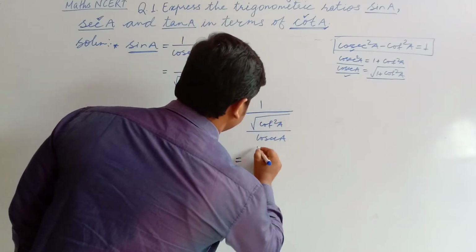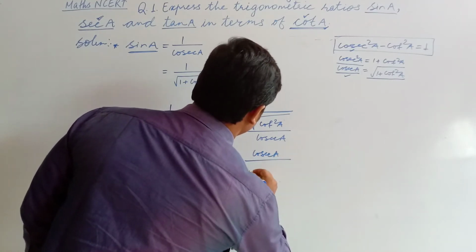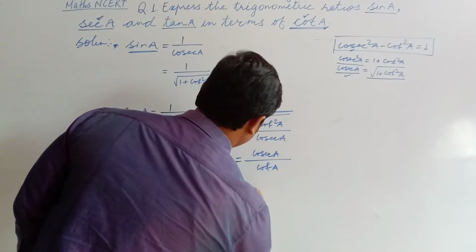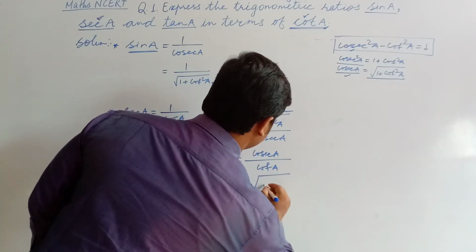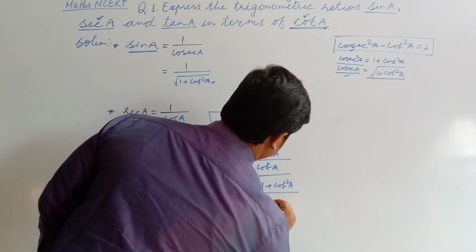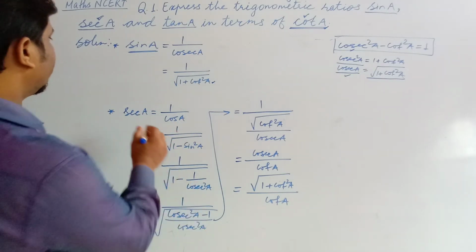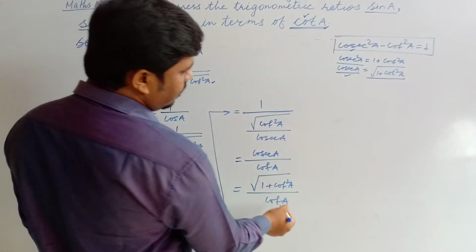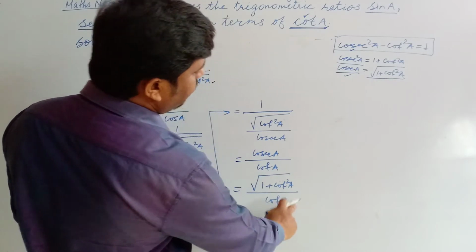So this will go up, then cosec A upon under root cot square A will be cot A, and after that this value of cosec A we will write as under root 1 plus cot square A upon cot A. So sec A in the term of cot is sec A equal to under root 1 plus cot square A upon cot A.